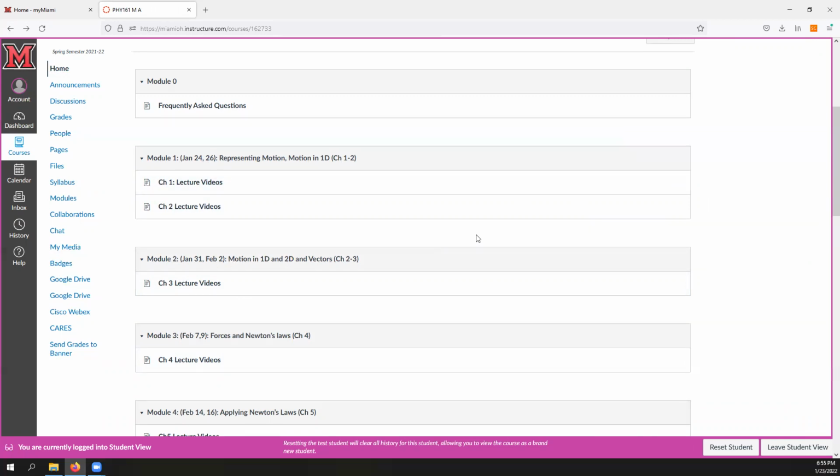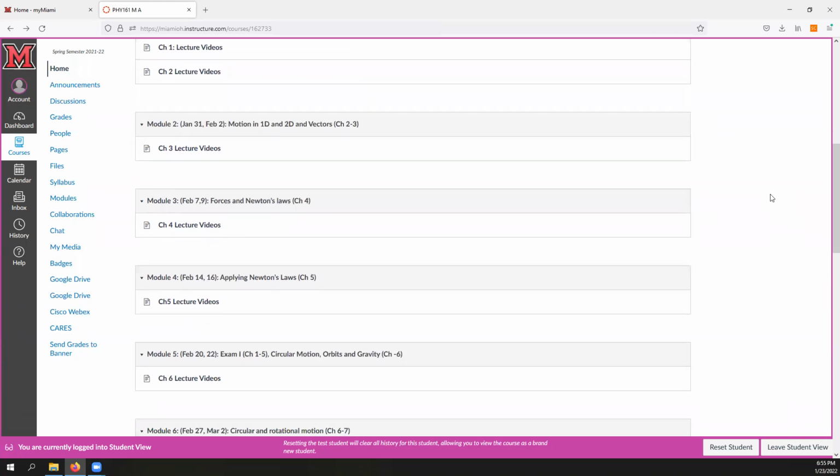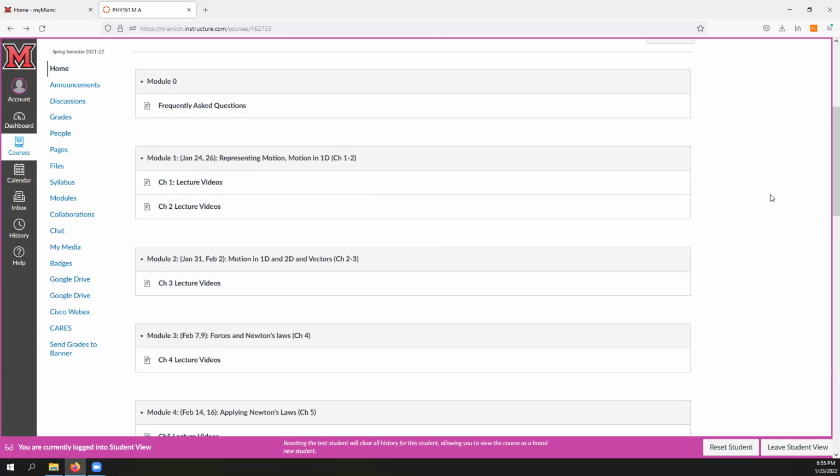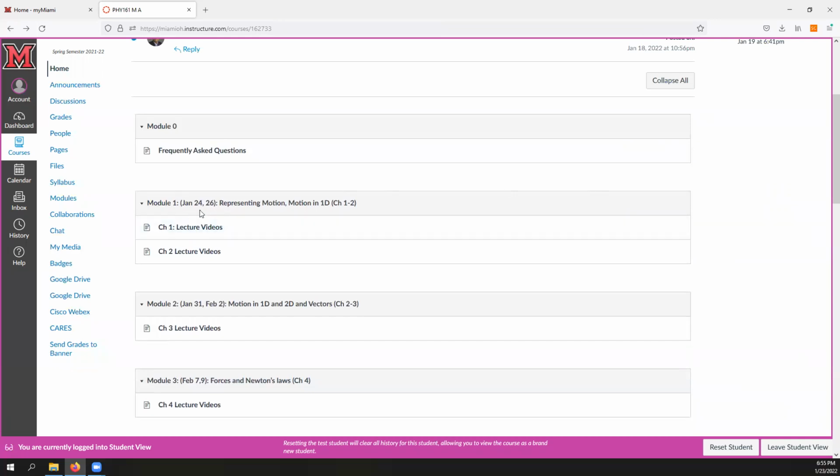I have divided the course in that way so that we have a very good way to keep track of stuff. In the first week, you have 2 lectures, January 24th and 26th, for example, and we are going to study chapters 1 and 2 in the first couple of lectures. Hopefully we'll finish chapter 1 and at least half of chapter 2.